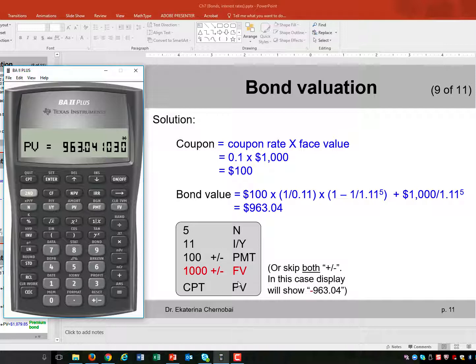So I showed how you enter both as negative. What if you didn't? What if you left them as positive? The only thing that would be different is that when you get your bond value, the answer on the display, it would be displayed with a negative sign. Otherwise, it would still be the same dollar amount, $963.04.